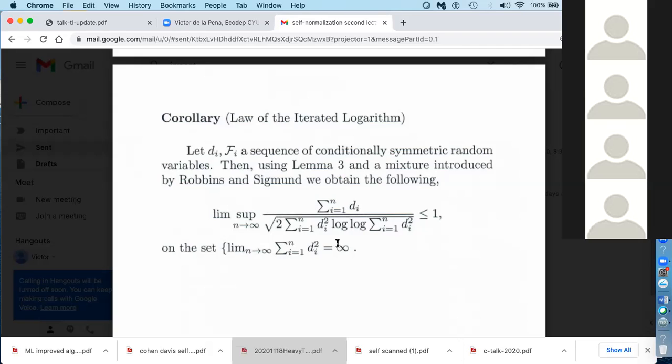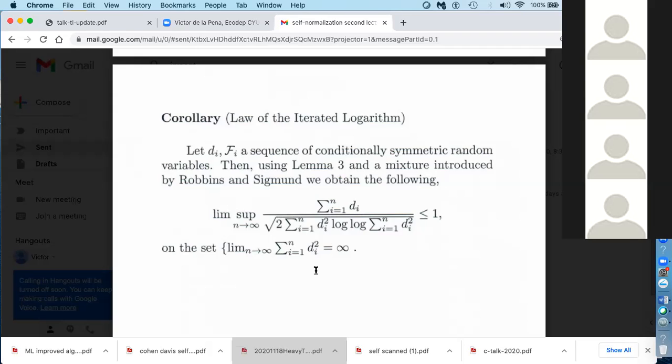Now, one question that bothered me for several years was, can I extend this to the case of arbitrary variables as opposed to conditionally symmetric variables? And one can do this by using a symmetrized version. This result, which I will show later on, which is a new result, can be obtained by using the theory of decoupling.